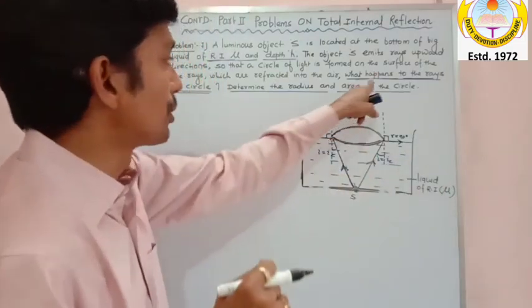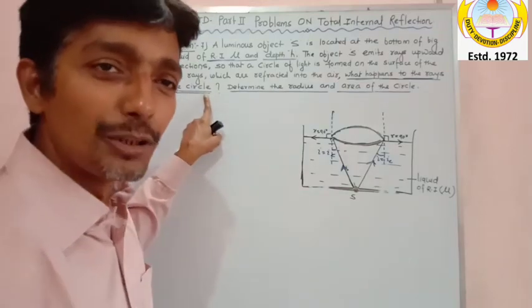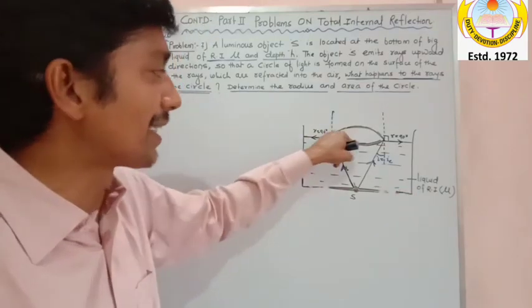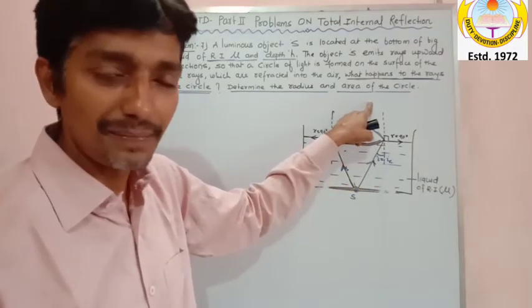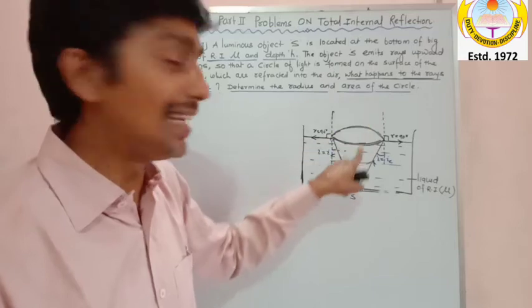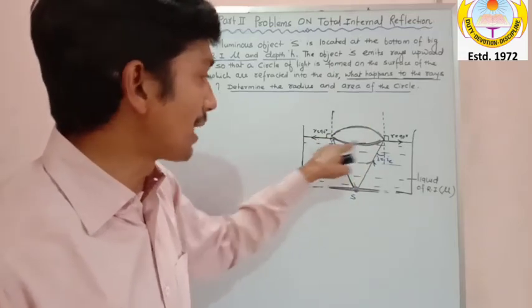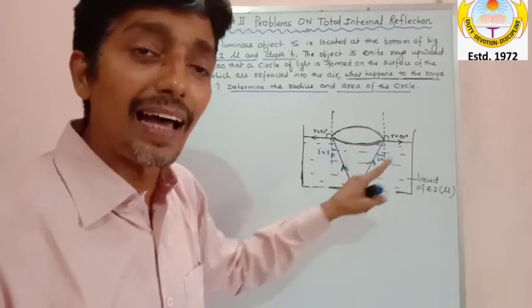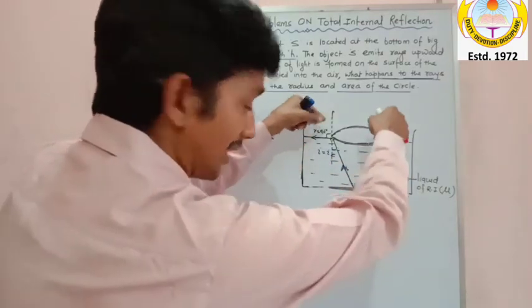So my dear, here the question asks, what happened to the ray beyond the circle? Beyond the circle, you saw the circle? The circle is formed due to the refracted rays, right? Which is due to I less than IC. When I is equal to IC, the refraction angle becomes 90 degrees. And when I is greater than IC, there is no refraction.